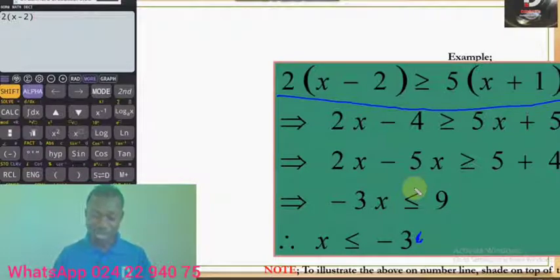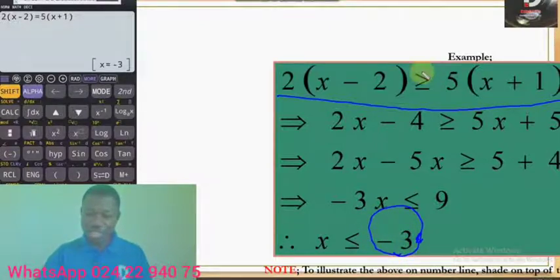Good. So equal sign, alpha calculate. I get my equal sign 5, bracket, x, alpha bracket, plus 1, I close my bracket. You solve, you don't evaluate, so don't press equal sign. So shift solve. The answer is what? -3. The value is -3.